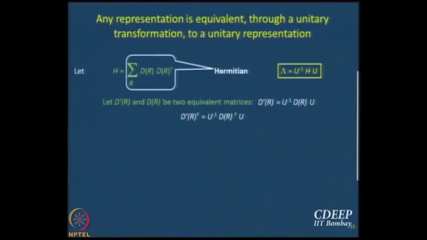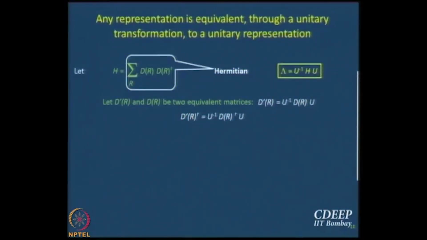Now, with this we can start playing. I know what H is. H is sum over R dr dr dagger. So, what I can do is take this definition and substitute there. This is what it is.